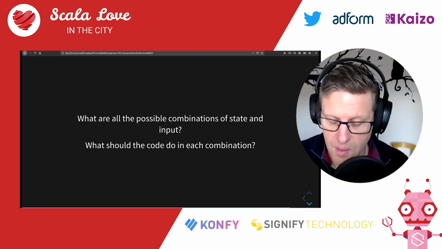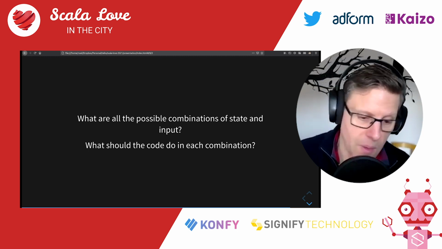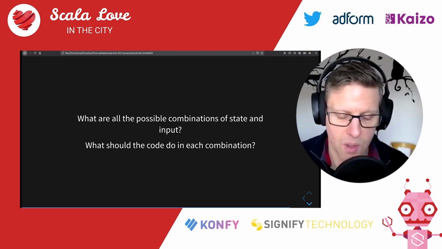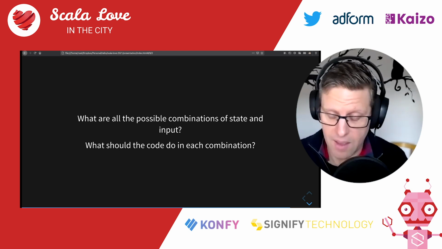So we don't get mistakes, or at least it can help us prevent mistakes. It can help us make sure we're saving all the information we need. It can help us make sure we don't get into situations where our code crashes because we haven't coded up a particular combination. And that, to my mind, is the real power of the finite state machine.